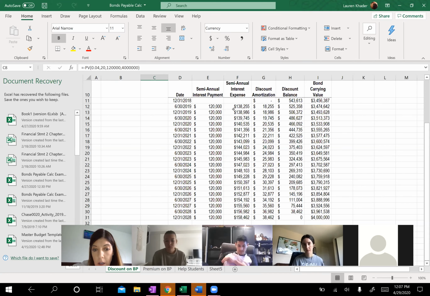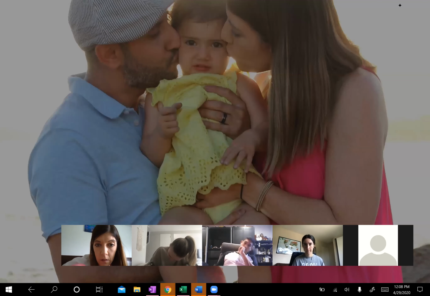So 10 years after the issue date. And at maturity, the bond carrying value equals face value. And it's slowly over time increasing towards face value. You don't have to write this, you don't need it, but I just wanted you to see what happens.